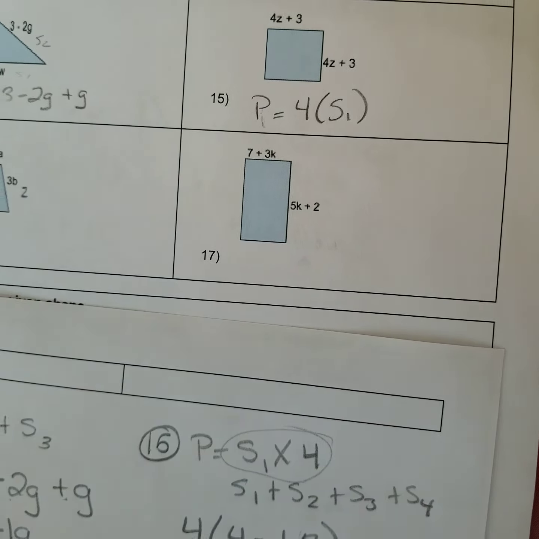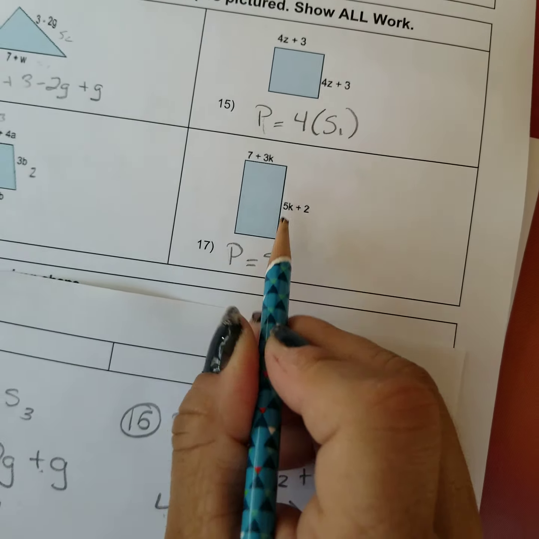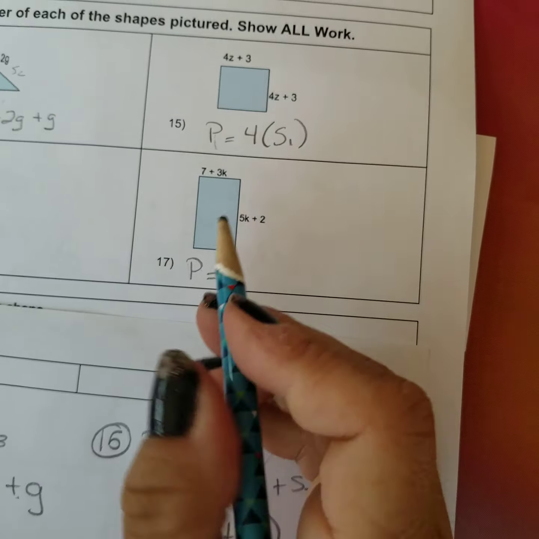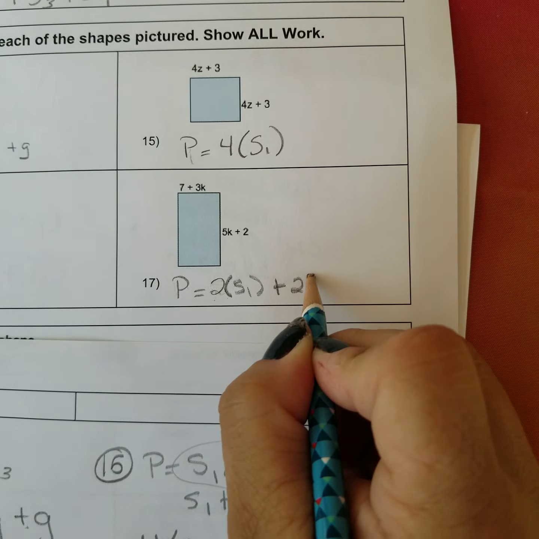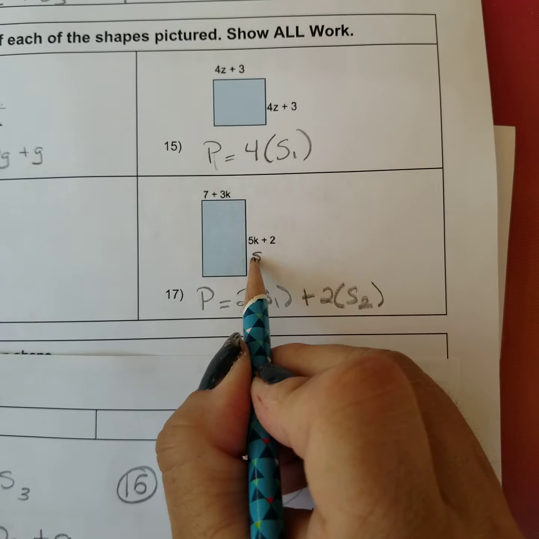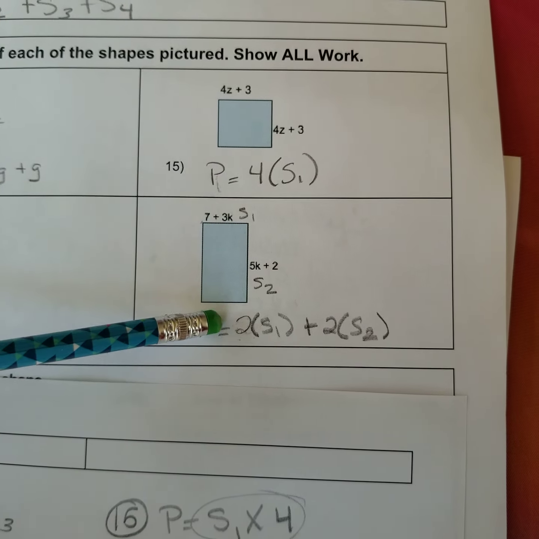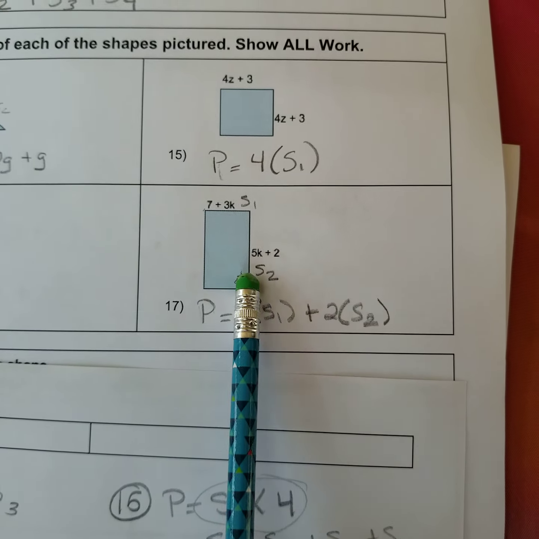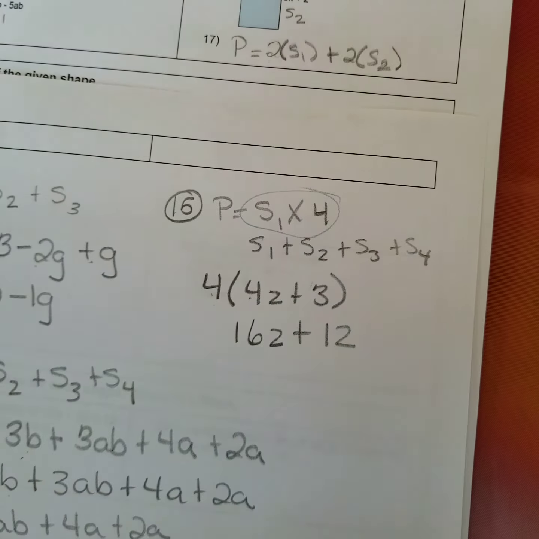But for the perimeter of a rectangle, it's going to be 2 times side 1, and you're going to add 2 times side 2. So this would be side 2. This would be side 1. You have 2 side 1s that are exactly the same size, and you have 2 side 2s that are exactly the same size. So let's see how that looks when we work through the problem.